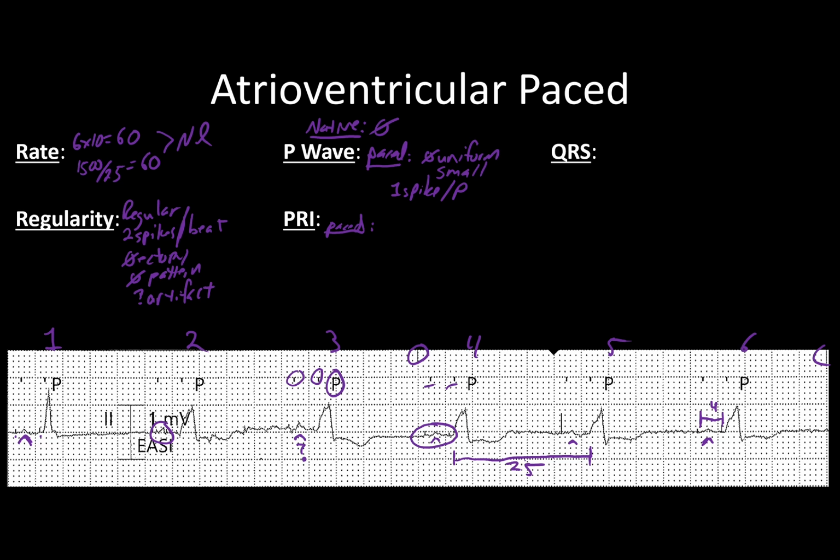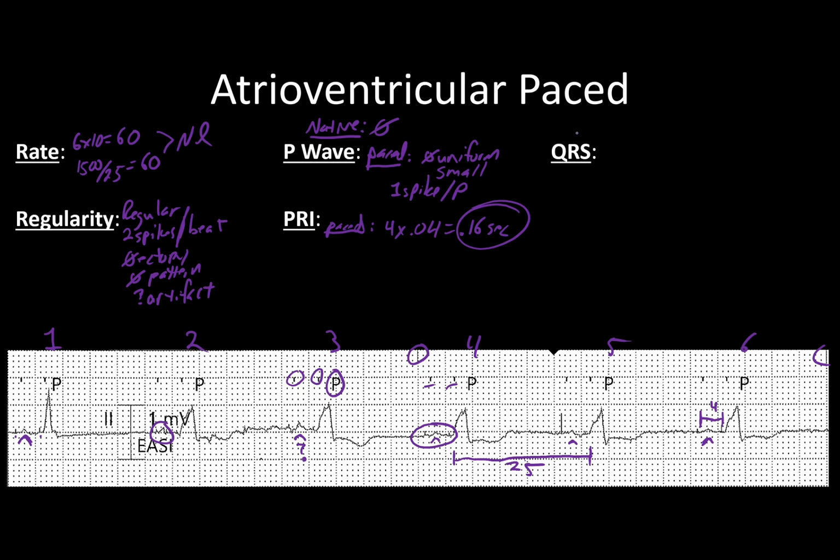So that means the pacemaker is in charge of both the atria and the ventricle, which means that it kind of took the AV node completely out of the equation, and that we really can't even measure if the AV node's functioning at all. What it does tell us is the setting that the pacemaker is put at, and if it's functioning correctly, because if you have AV paced but it winds up being this huge first degree block, well, you got to question, is it even functioning properly? But at 0.16 seconds, that's perfectly normal.